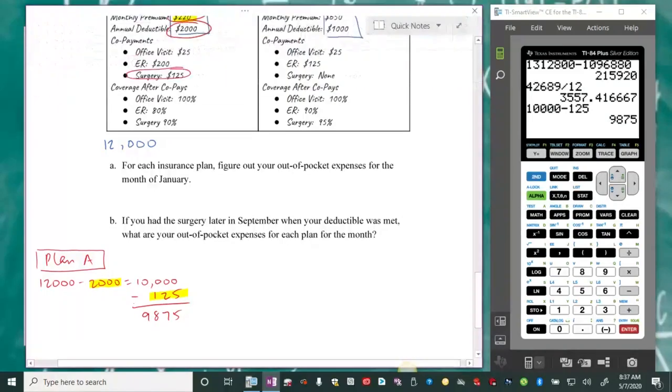And then your insurance pays 90% of the balance. This is the balance. So they're going to pay 90% of that. So 90% is paid by insurance, which means that 10% is paid by you.